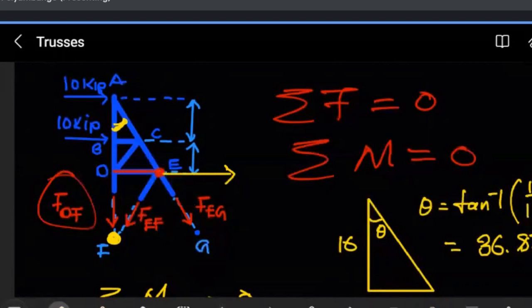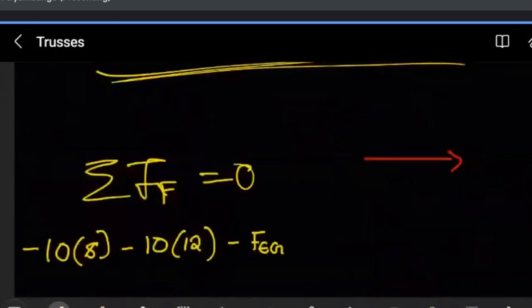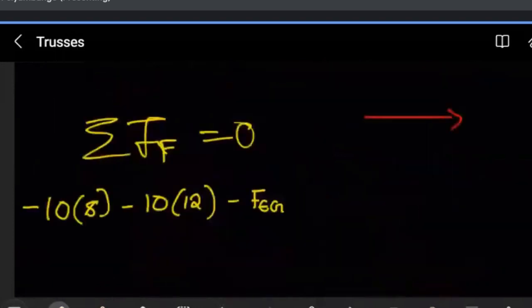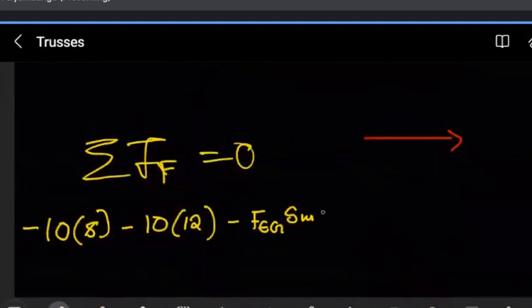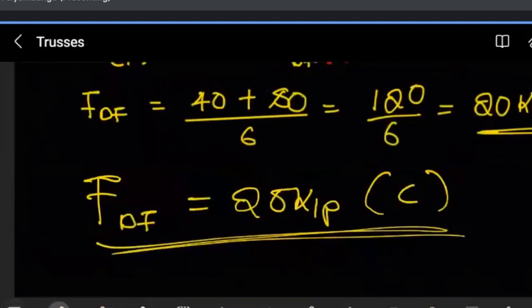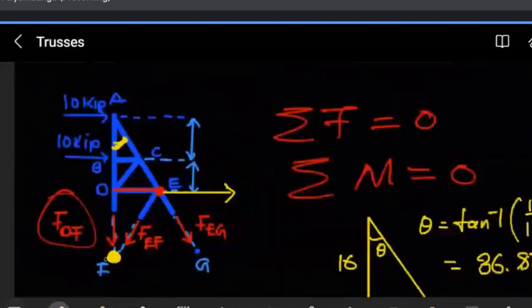So we have minus FEG, and as you saw earlier, it is FEG sine theta. So we have sine, and our theta is 36.87. Yes, it is. So this is just the X component. But what will be the distance? The distance has to be from F to the line of action. F is here.